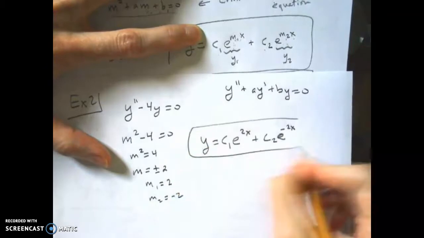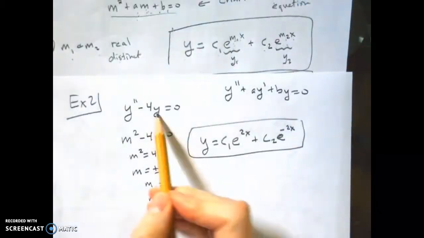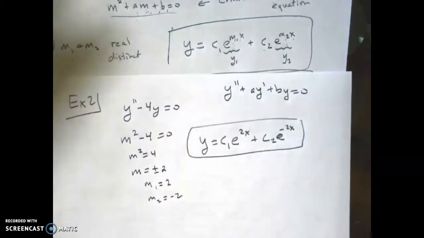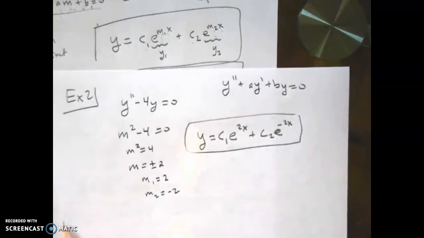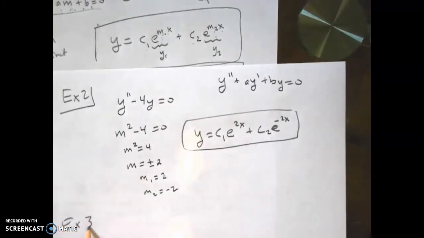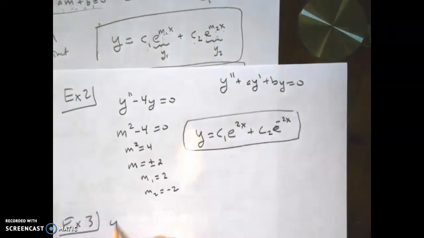And that's our solution. That is the general solution to this differential equation. Okay, let's go to the next one, which is going to be example 3 in the book.